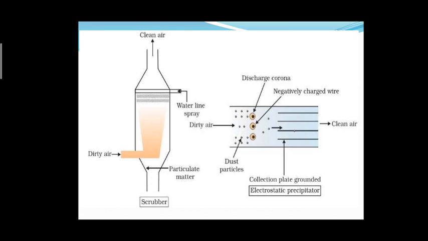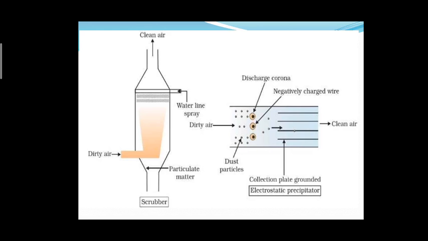Then a high voltage is applied in this mechanism and it produces corona. Corona is negatively charged, that means negatively charged electrons. These corona can trap the dust particles, so the dust particles also get a negative charge.